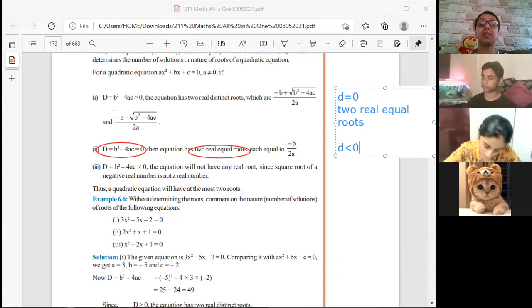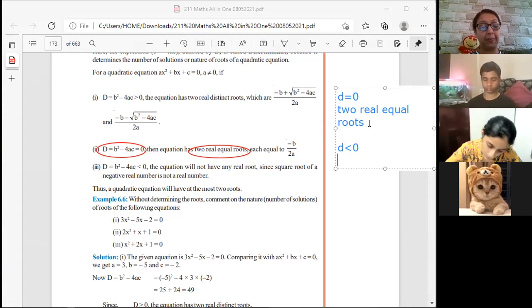If you get less than 0, then you will not have any real root. You will have non-real roots.